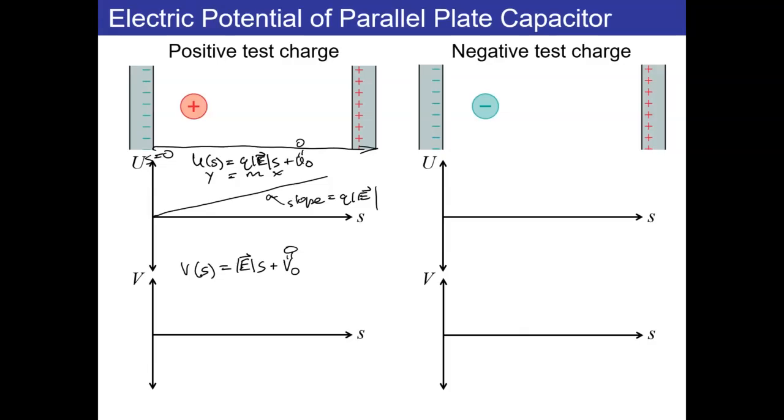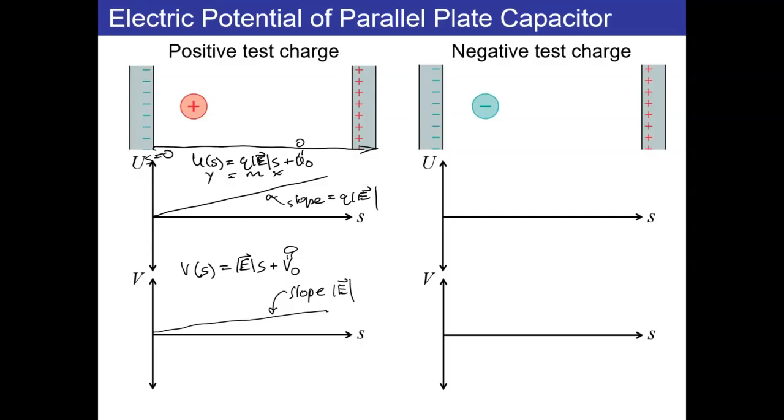What will it look like? Another y equals mx plus b. This time the slope is the electric field strength. Yeah, so it'll still be linear, maybe a different slope, right? So I'll draw it this way, something like that. Now my slope could be different depending on whatever Q was, but it's going to be the magnitude of the field.